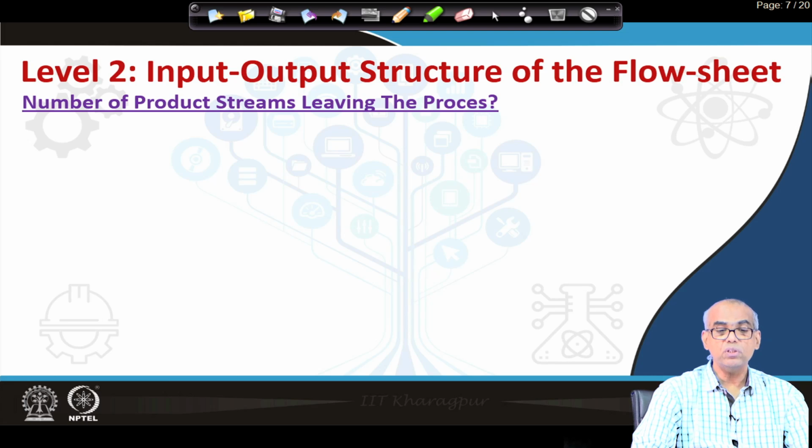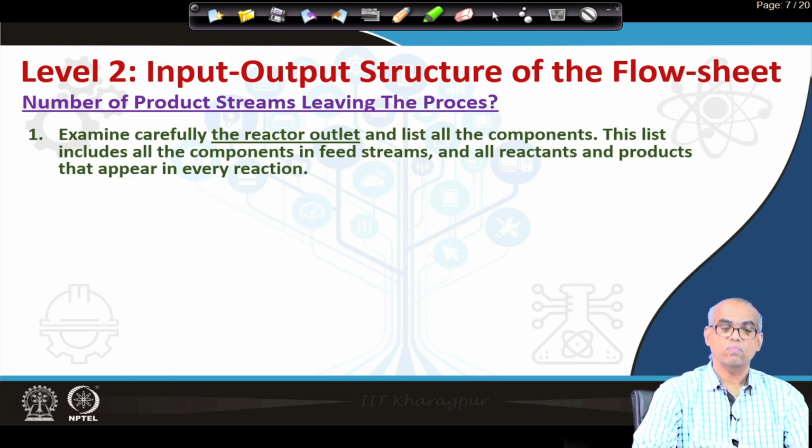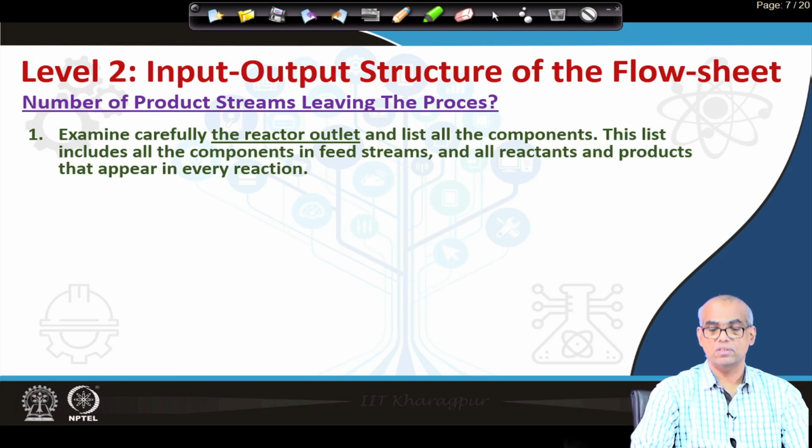Now, how do you compute the number of product streams leaving the process? Let us follow the steps as we discussed now. First, examine carefully the reactor outlet and list all the components. So, focus your attention on the reactor outlets and list all the components.